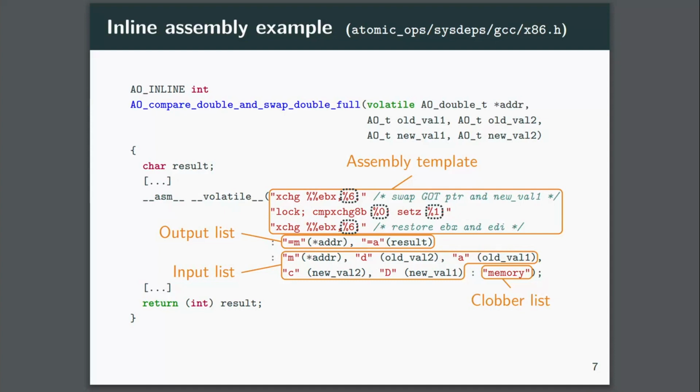For example, it can declare that a specific register will be used as a temporary value, and so the value will be lost. Or keywords like cc or memory indicate that the assembly chunk will have a global effect. For example, memory says that it will access memory in an arbitrary pattern. So here we can expect that it will read or write memory from the pointers given as arguments.